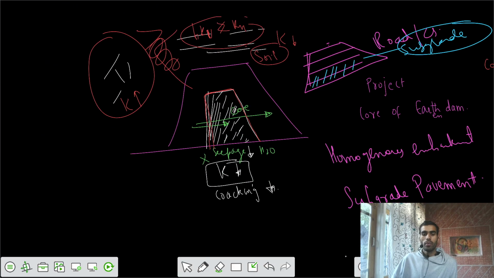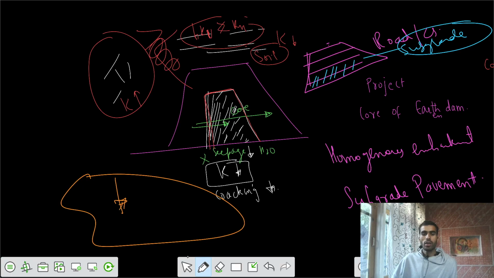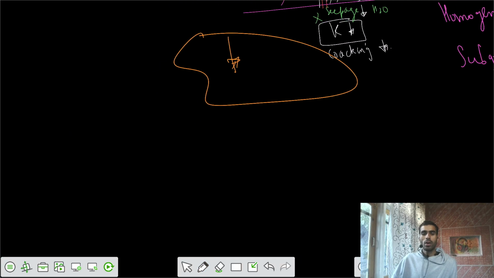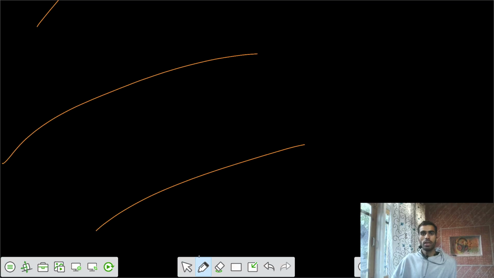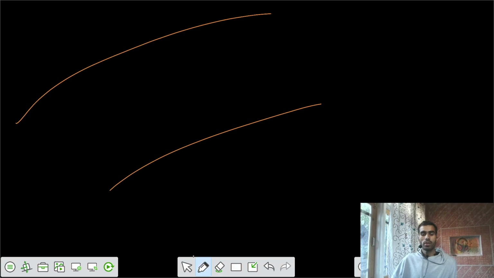Shrinkage would mean we have some water in the soil and then after that it shrinks. No, we are not talking about that, because the road is already constructed above the water level. It is always constructed at some high level with respect to the original level of the field.